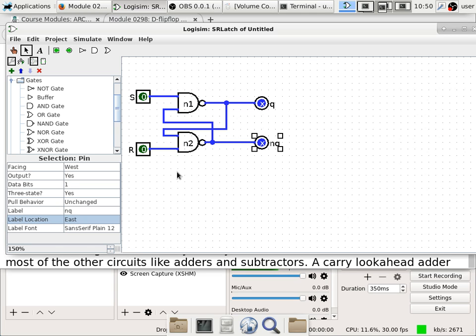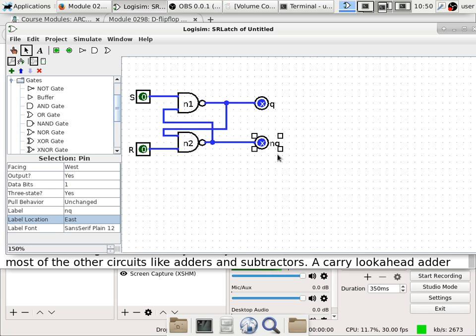Well, this is not exactly AND, it is NAND, which means if one of the input pins is guaranteed a 0, the output of the gate is guaranteed a 1. So that's one way we can analyze and say that if S is a 0, then Q is guaranteed a 1, regardless of what R is. When R is a 0, NQ is guaranteed to be a 1 as well.